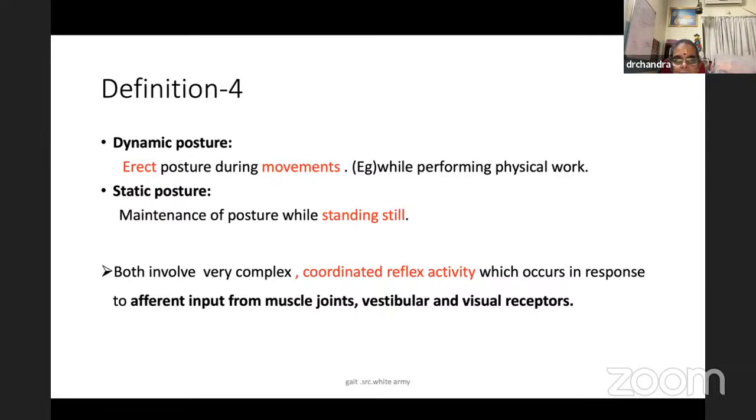While standing still also, you should not stoop, you should not show opisthotonus, you should not show the Pisa effect, that is side tilting, and you should not sway. That is static posture. Dynamic posture is during movement. Both involve very complex coordinated reflex activity which occurs due to afferent input from muscles, joints, vestibular and visual receptors. The information about the position of the body part is obtained and appropriate correction is made.